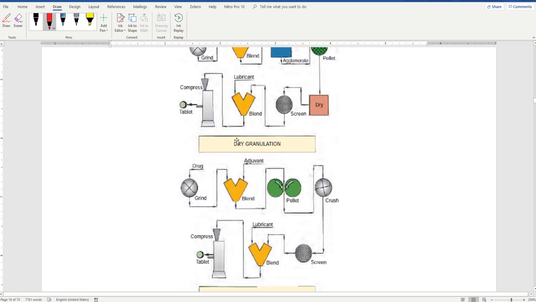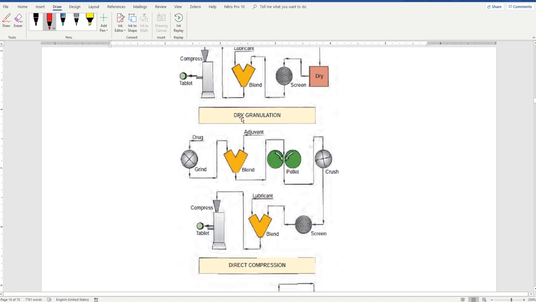طيب, in dry granulation, and we already discussed these two processes maybe in powders and granules. For dry granulation, first you control the size of the drug and the other excipients. Then you mix them, you blend them. Here again, you might add all of the disintegrating agent or half of it.